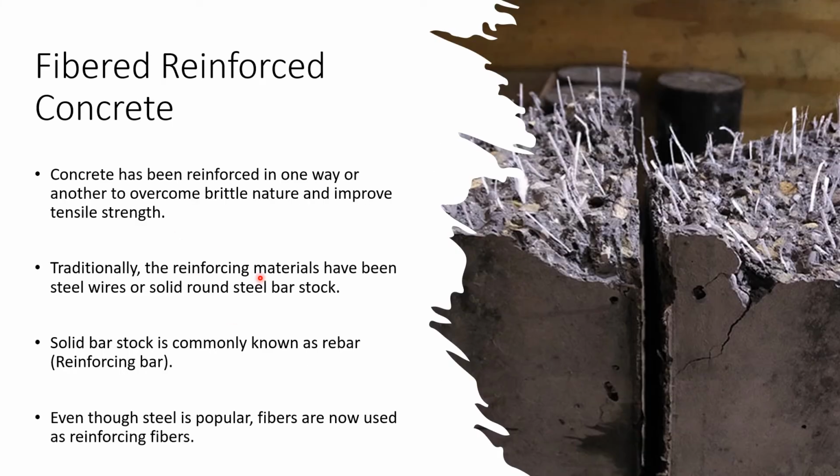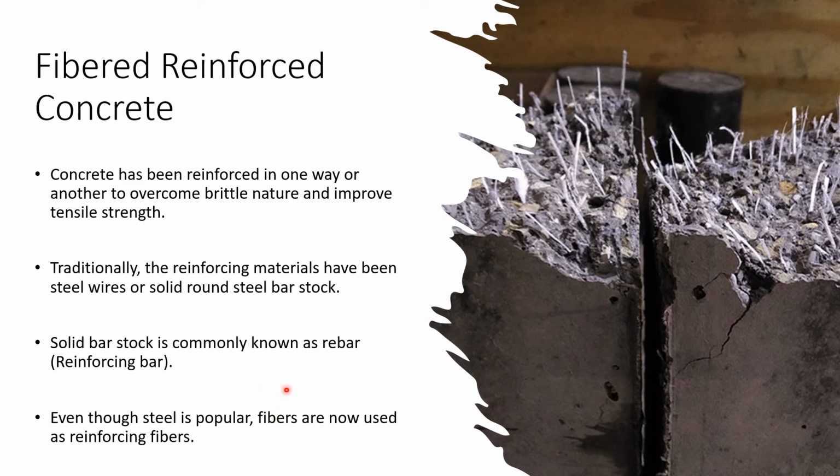Fiber reinforced concrete: we've been reinforcing concrete one way or the other because we want to overcome its brittle nature and also improve its tensile strength. Traditionally we use reinforcing materials like steel wires or solid round steel bar stock.